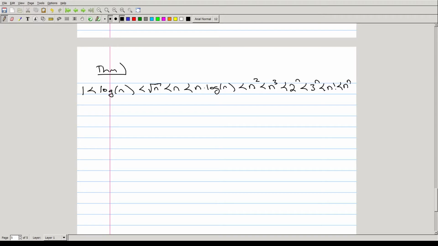And there are many other equivalence classes in between these functions, but these are a lot of the common strict dominations that you'll see. And so what I'm going to do is start by looking at a visualization of all of these strict dominations, and really try to emphasize why these are true.